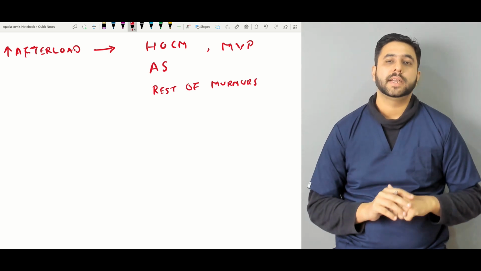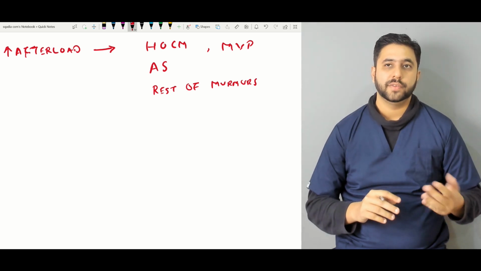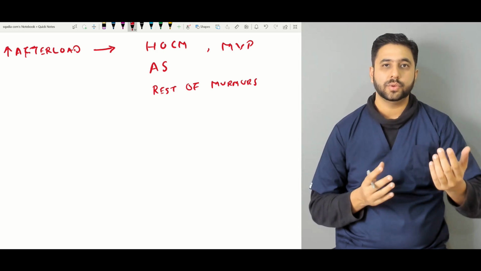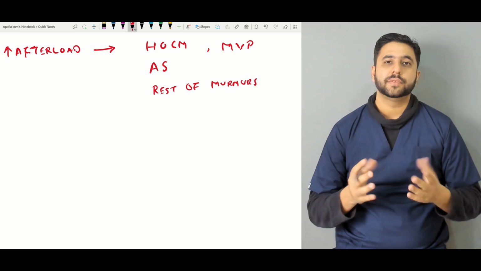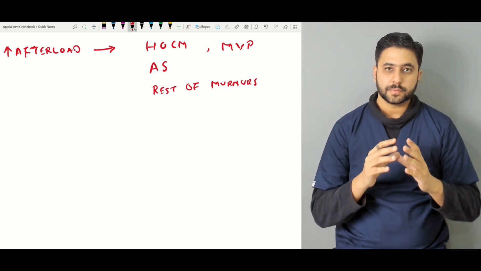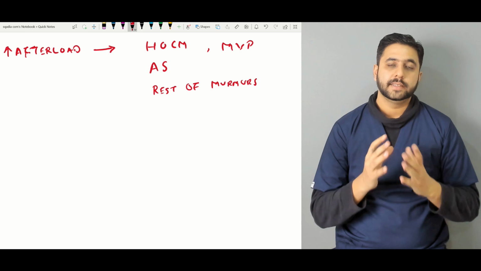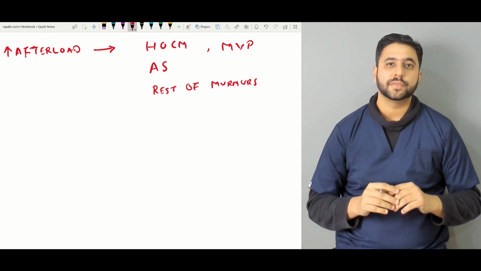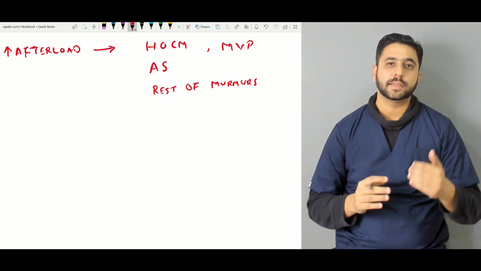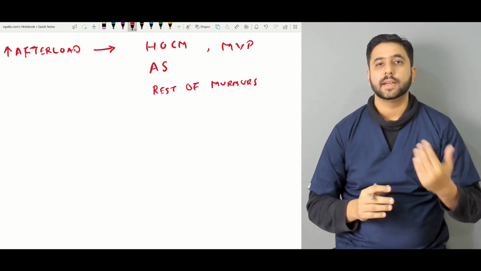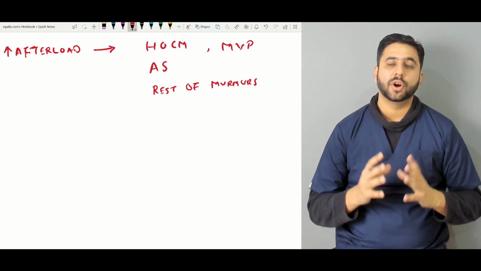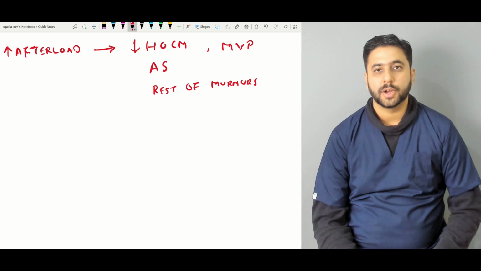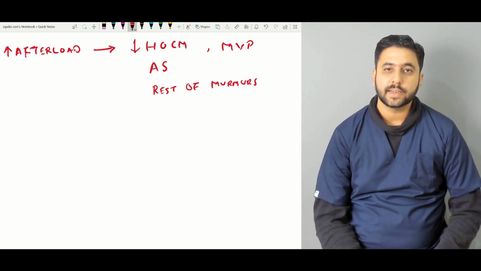So any maneuver that leads to an increase in the afterload will exert a pressure downstream, and this will lead to opening of the obstruction which is created in the outflow tract in hypertrophic cardiomyopathy. So this leads to a decrease in the intensity of the pathology or a decrease in the pressure, and this will cause a decrease in the murmur of hypertrophic obstructive cardiomyopathy. So the murmur of hypertrophic obstructive cardiomyopathy decreases with increasing afterload.